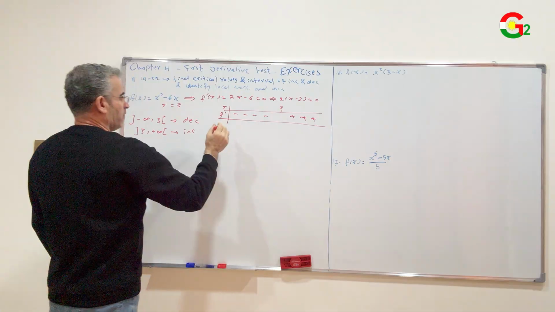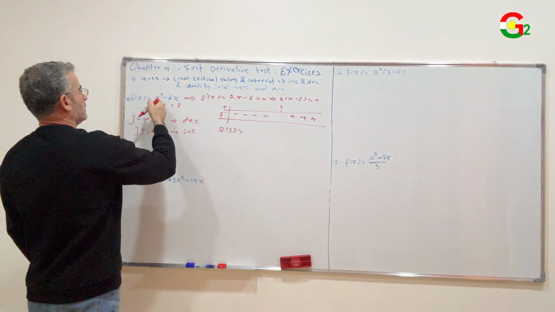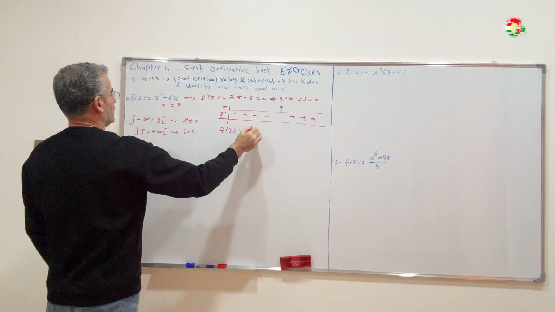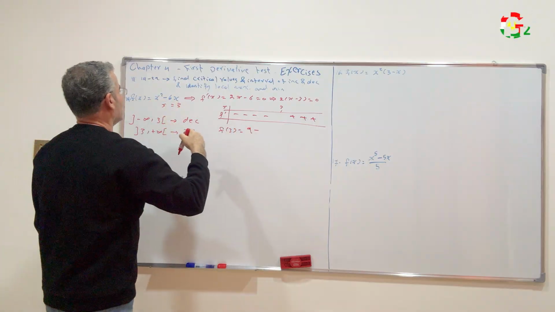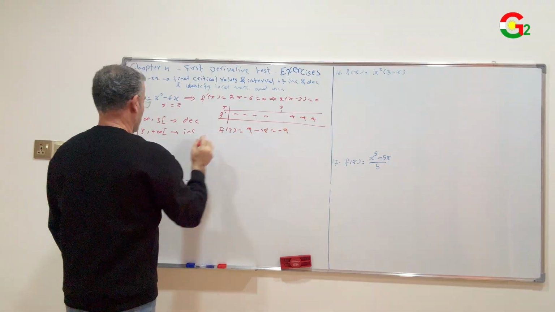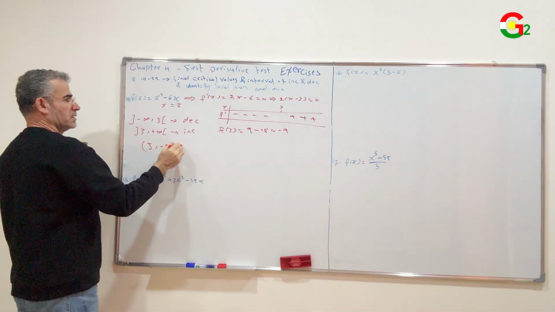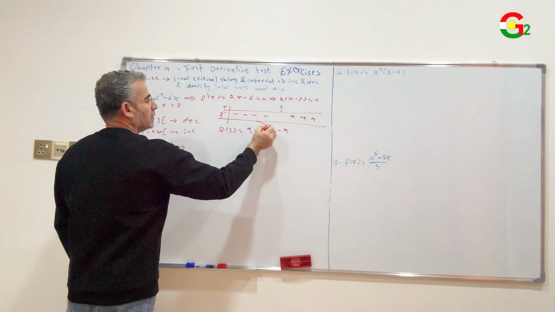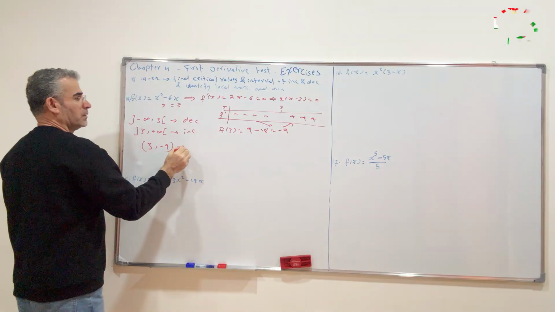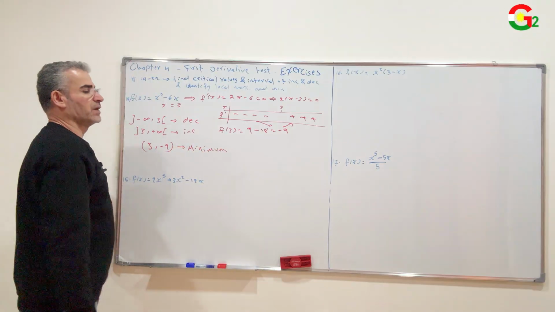Find f of 3. Substitute 3 in the function: 3 power 2, 9, minus 6 times 3, 18, equals negative 9. Then (3, negative 9) is a local minimum point for this function.